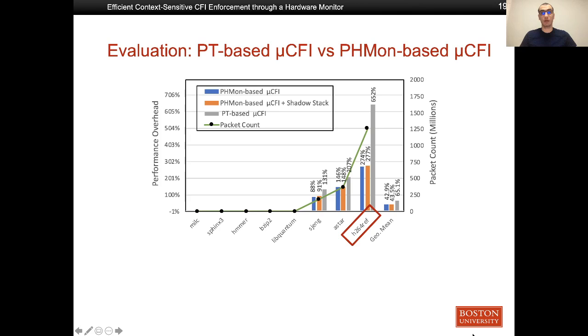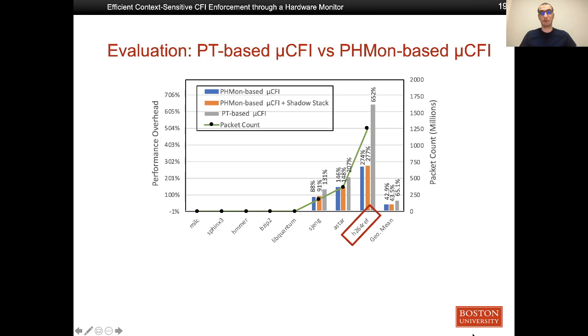The performance overhead is significantly lower in the case of PHMON-based micro CFI, and the main reason comes from the fact that PHMON-based micro CFI does not perform additional packet decoding prior to ICT validation.